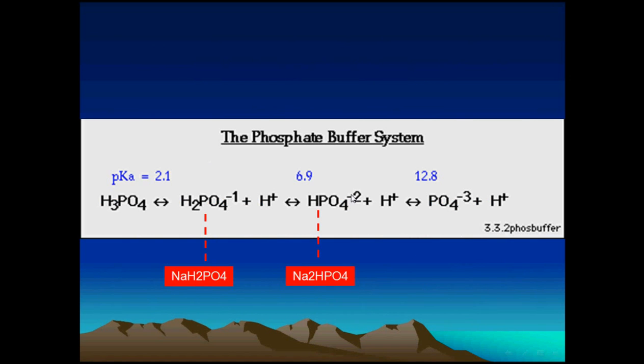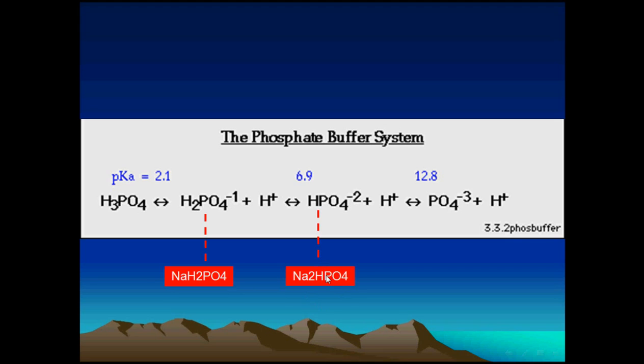When it comes to the phosphate, it also goes in two directions. Phosphoric acid combines with hydrogen to form monosodium dihydrogen phosphate, and with the addition of another hydrogen ion, it forms monosodium dihydrogen phosphate.